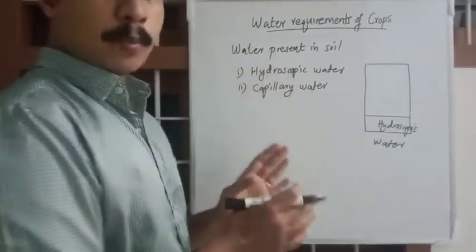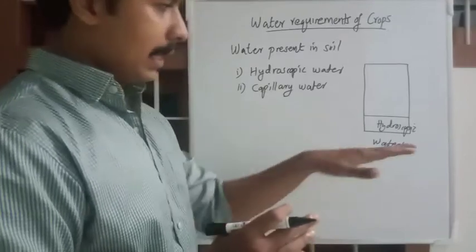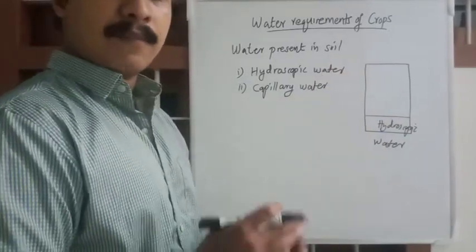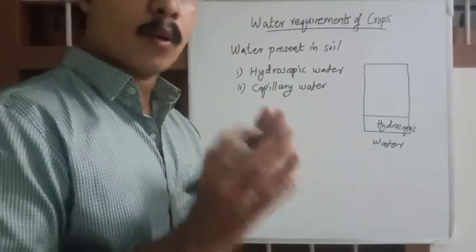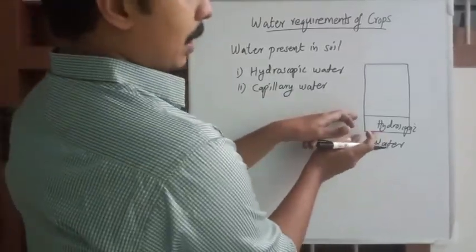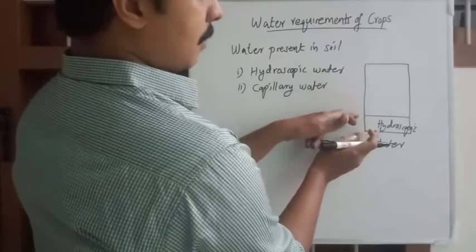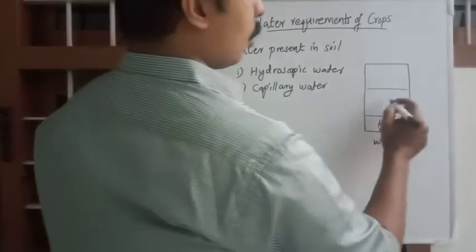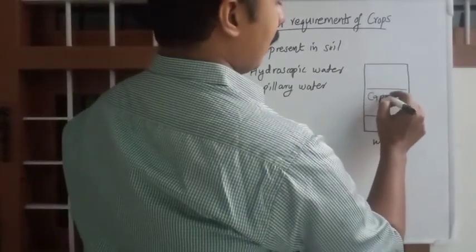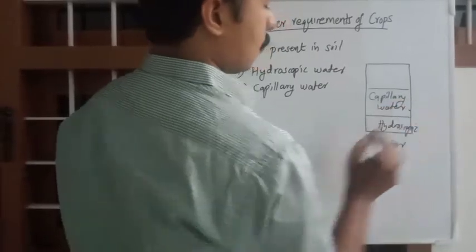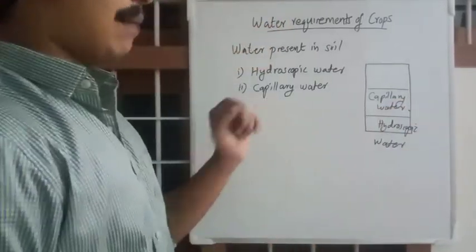With respect to our topic, it is the water in soil in excess of hydroscopic water which is present in the capillary holes of soil. So that is capillary water.